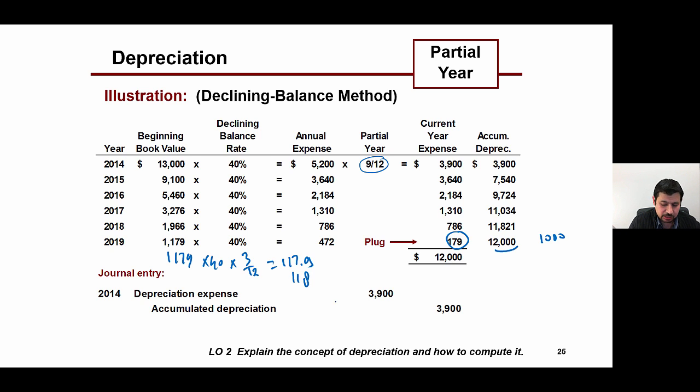So we adjust 118 to 179 in order to get to 12,000 and a book value of 1,000.